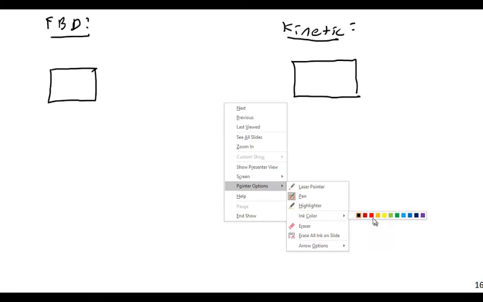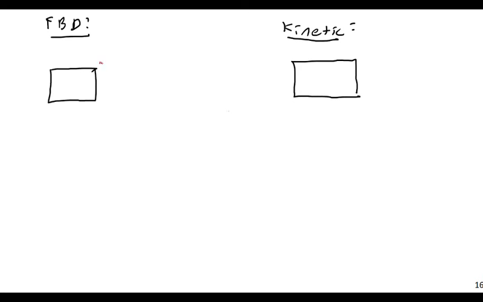And let me label all the forces on here. I'm going to have P at an angle of 30 degrees, that's up 30 degrees.